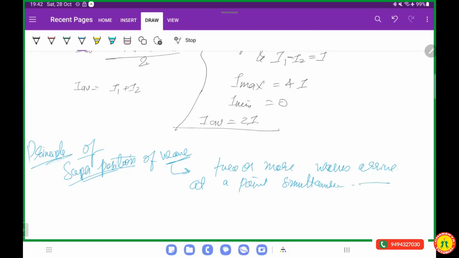Then their movement or their displacement will be the algebraic sum of it.